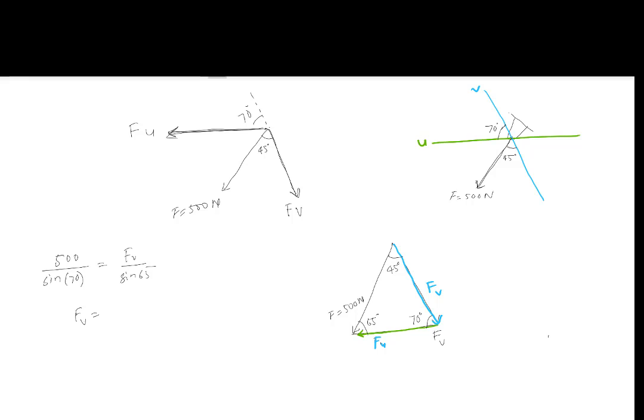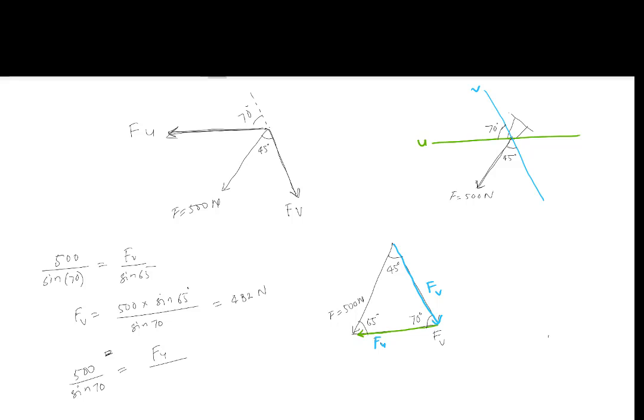Fv is equal to 500 times sine 65 degrees divided by sine 70, and that comes to about 482 Newton.